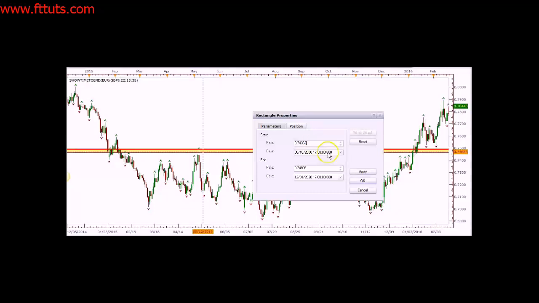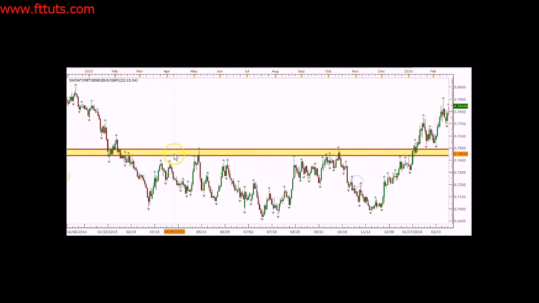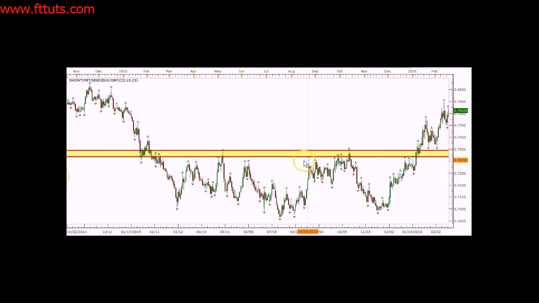Okay, now you see I covered this wick and this wick here. That gave me this zone here, and you could see what's happening at that zone.